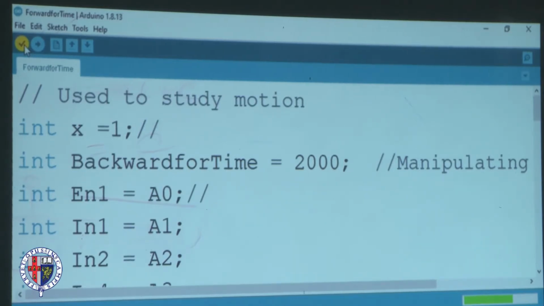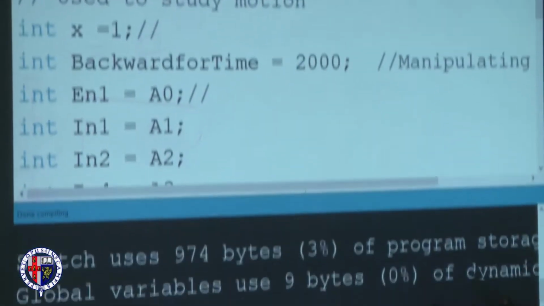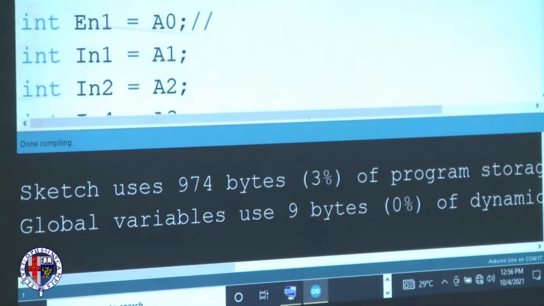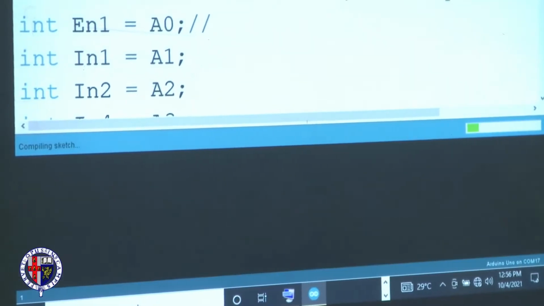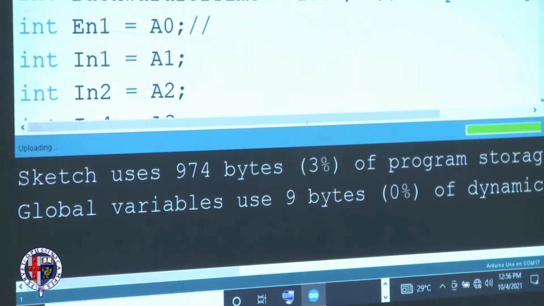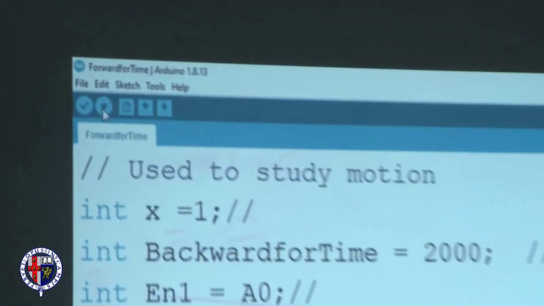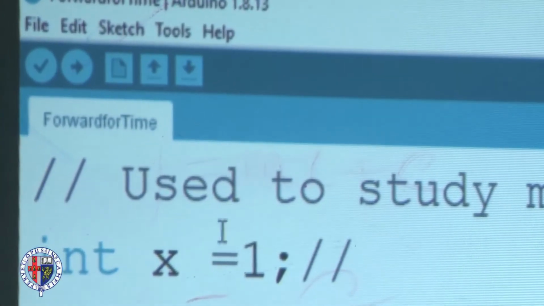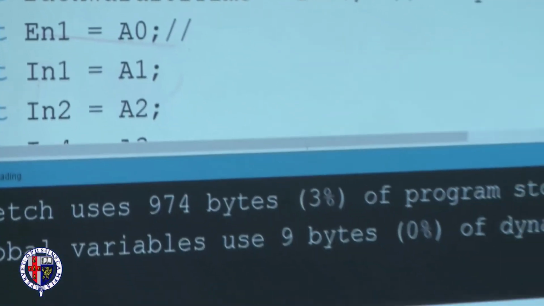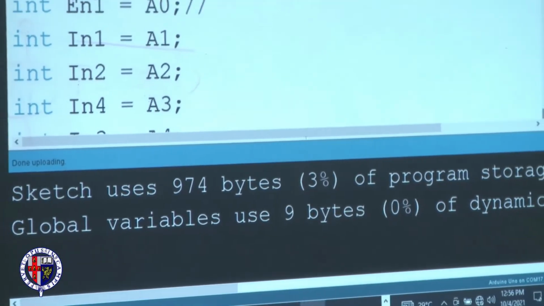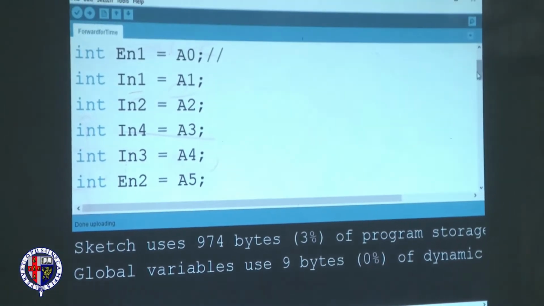It checks through line by line, and any errors it will tell me. All right, so done compiling. Everything is good, no error. And then up here now it says upload the code. All right, and it says done uploading. So now I'm ready to go.